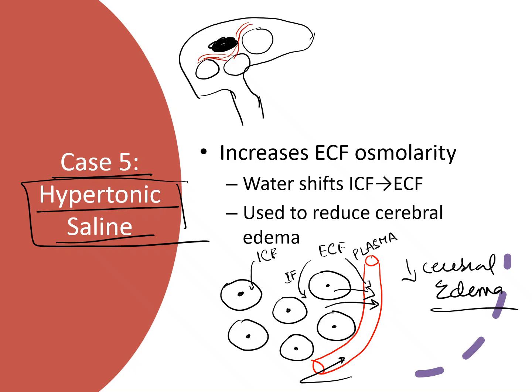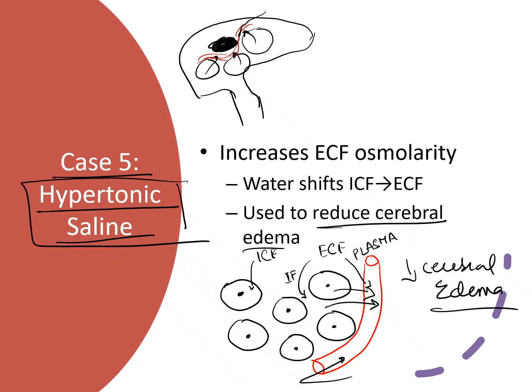So when you use hypertonic saline, the osmolality will get higher in the capillaries, and water will move from these swelled cells towards the capillary, and that will help to reduce the swelling of the brain cells, or the cerebral edema.